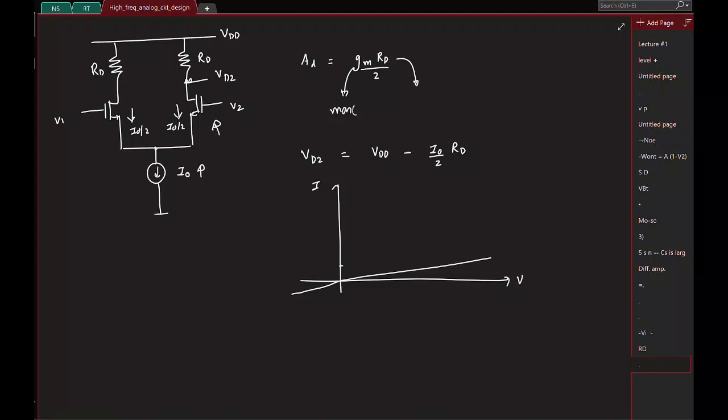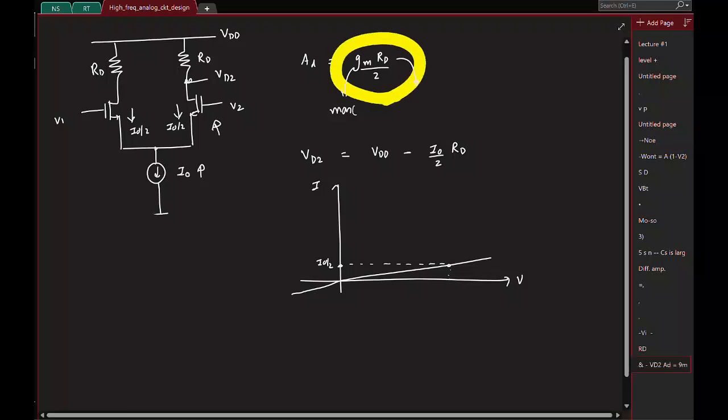Now, let us say you are trying to bias it at some current I0 by 2. You see that the corresponding voltage drop across the resistor is quite large. This is basically the same problem we saw. But that's when people realized that all you need is that the incremental gain or the small signal gain must be very large.